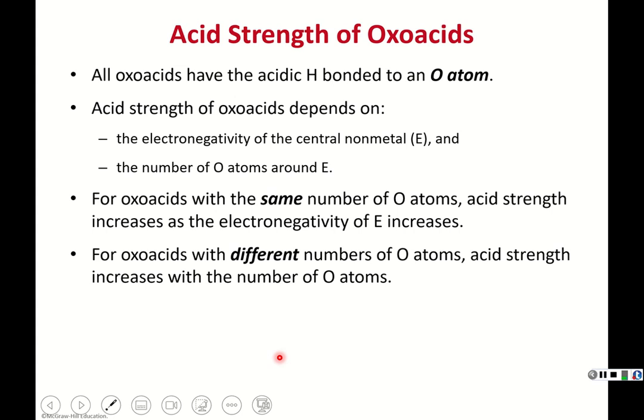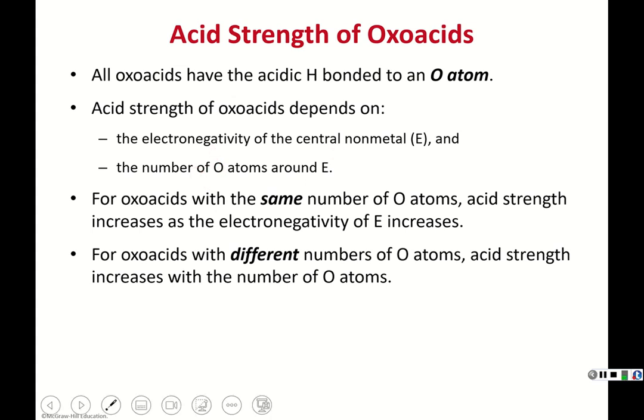If we look at oxoacids, oxoacids have acidic H bonded to an oxygen atom. The strength of oxoacids depends on the electronegativity of the center non-metal, just as before, and the number of oxygen atoms around that center element.